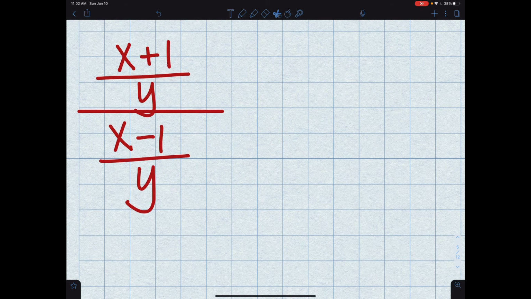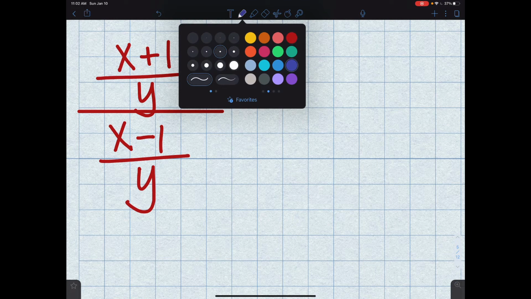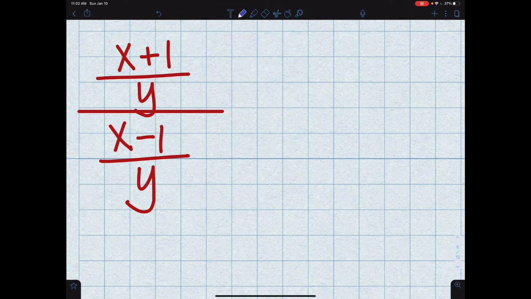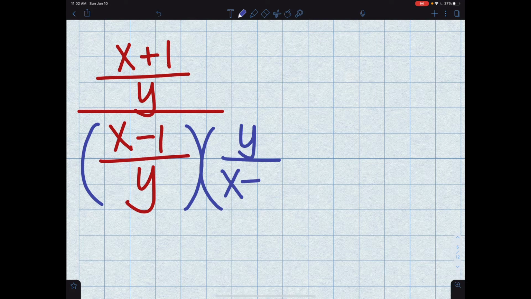They want us to take this bottom part and multiply it by its inverse so that the bottom ends up being just equal to 1. So if I multiply this by its inverse, it's going to be y over x minus 1.